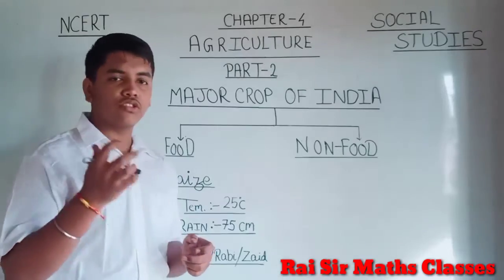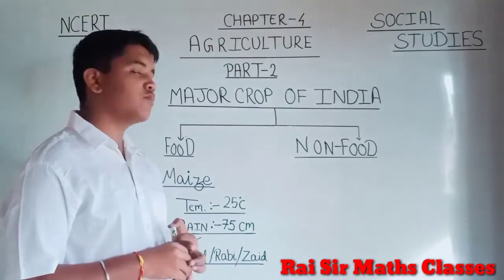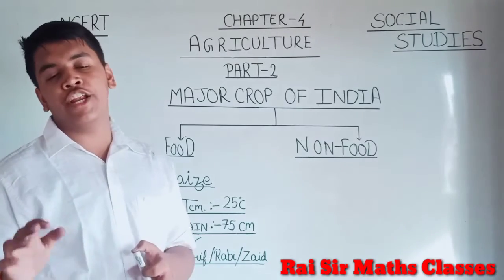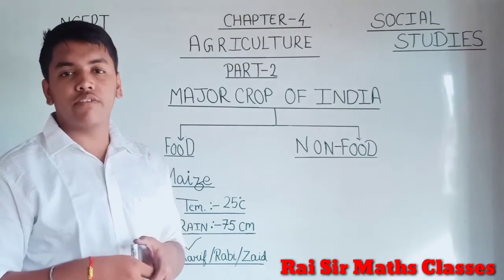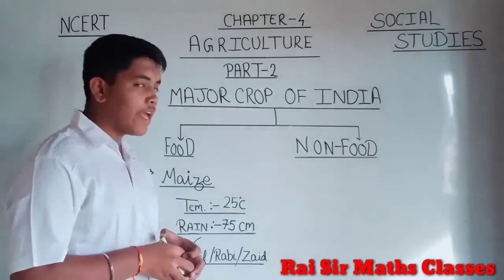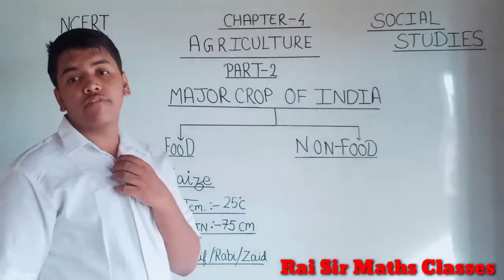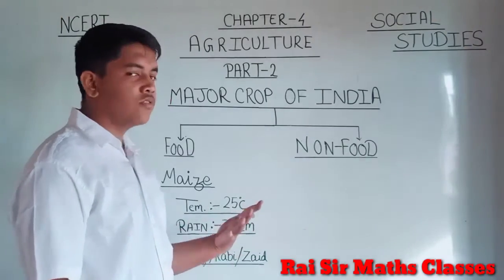A short recapitulation of this also. Maize is one of the fourth most cropped grains in India. It requires more rainfall, 75 centimeter annually, meaning in the whole season it requires 75 centimeter of rainfall. And it is a kharif crop.